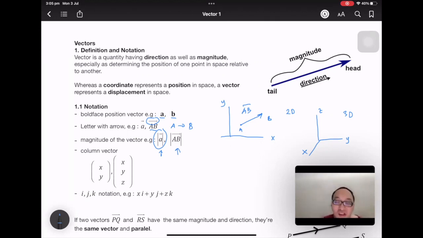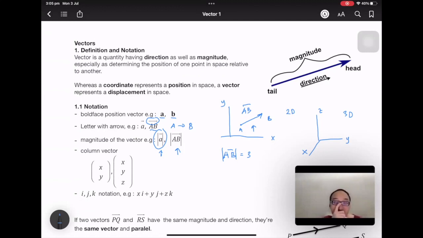The magnitude is the size of a vector, or simply the length of the vector. For example, the magnitude of AB is 3. So that means this is the length of the vector.